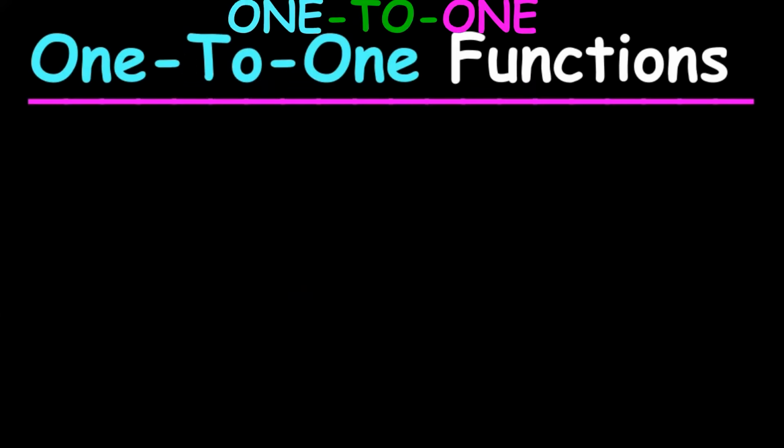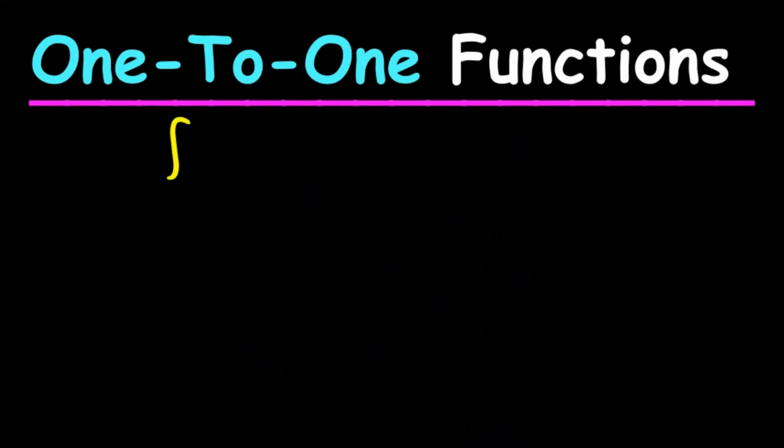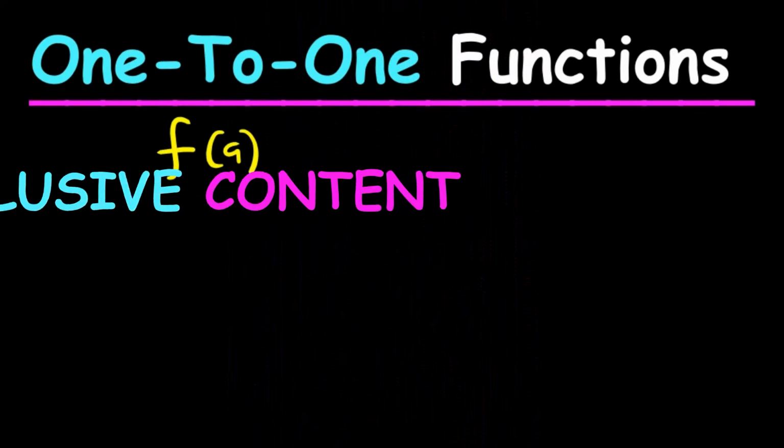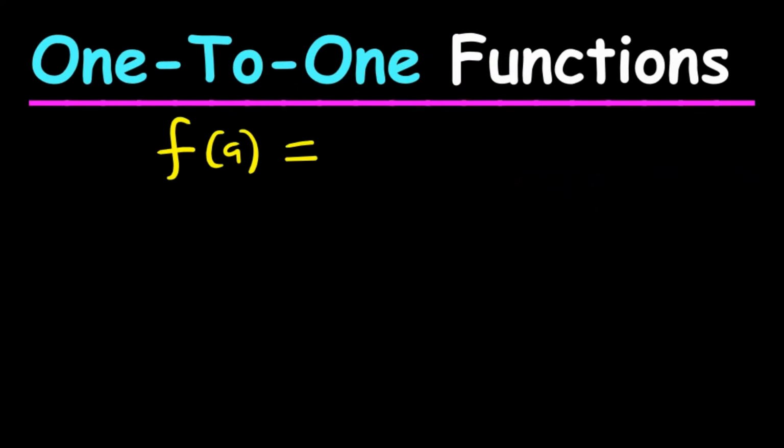Now how do we show that a function is one-to-one? Okay, so one-to-one functions. So let's say I've got f of a. It is only one-to-one if f of a is equal to f of b.